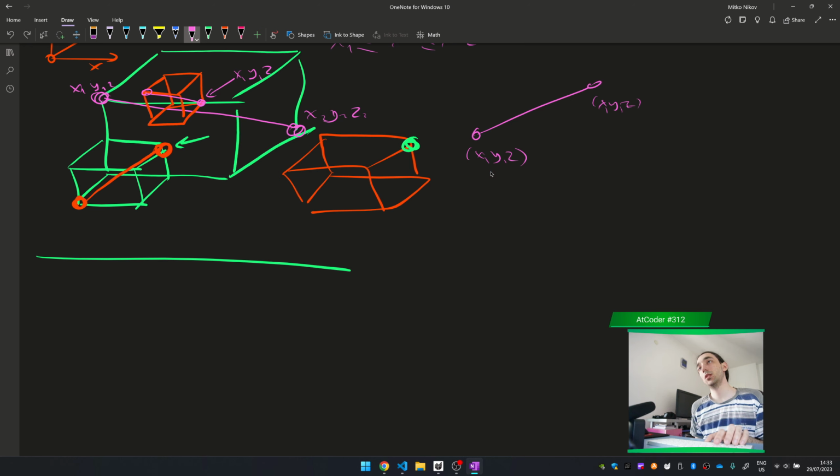I'll go through each dimension and say that I will vary x, but y and z have to be equal, right? Is that correct? So now y varies. One dimension is always equal.